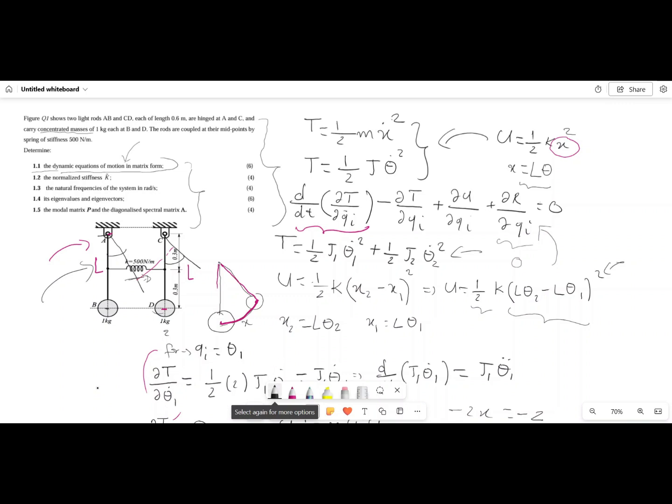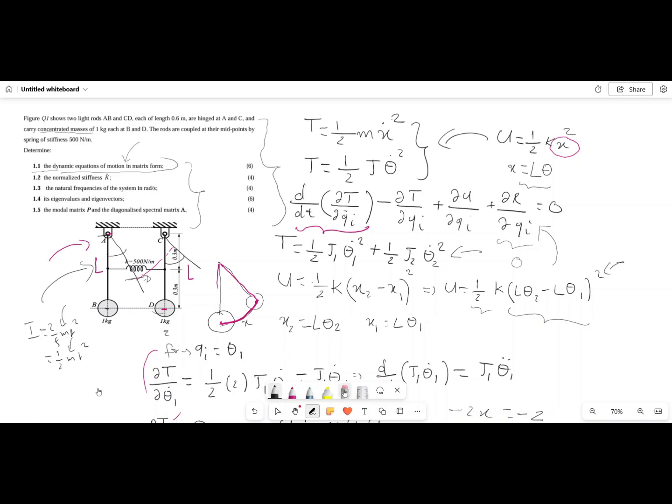For instance, the moment of inertia of a sphere, just a quick reminder, is 2/5 mr square. The moment of inertia of a disk is half mr square. But this object is a concentrated mass. You don't know the nature of it, so it does not have a formula. That's why we call it concentrated mass.